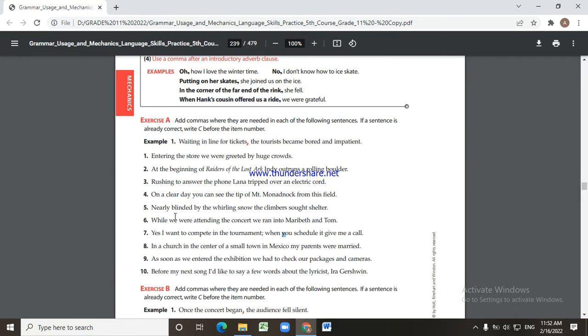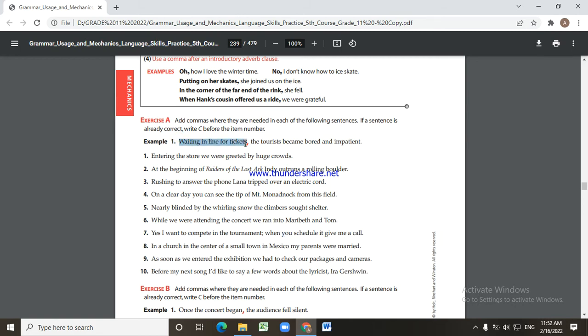Now, let's see the first exercise, exercise A. Read the heading together. Add commas where they are needed in each of the following sentences. If a sentence is already correct, write C before the item number. Okay? Look at the example.